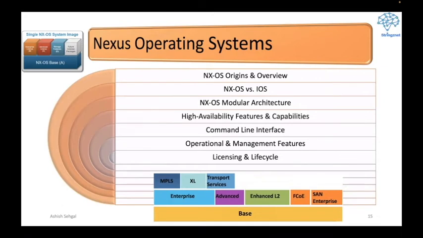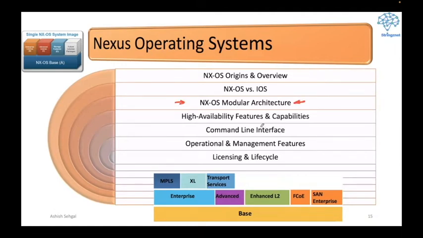We will be talking about the Nexus operating system. This particular topic is also not part of the CCIE Data Center curriculum or blueprint, but understanding the Nexus operating system is a very holistic approach to justifying our number. We will talk about the Nexus operating system with regard to its origin and overview, a comparison between NX-OS and Cisco IOS, and the NX-OS modular architecture.